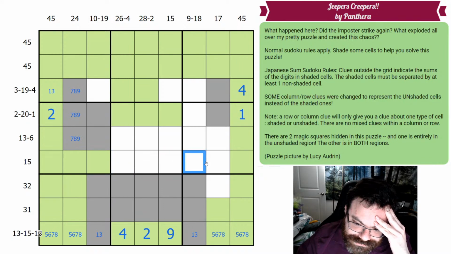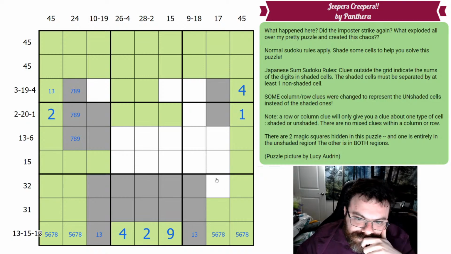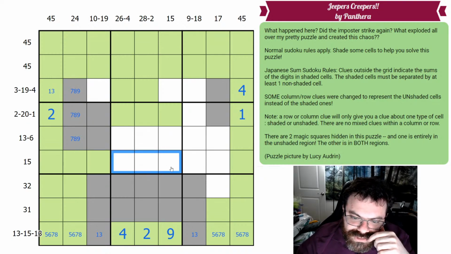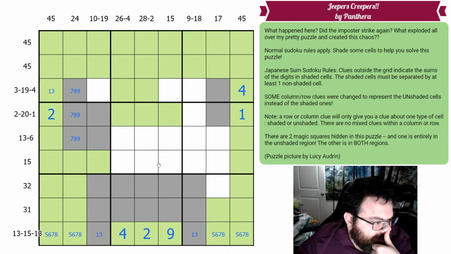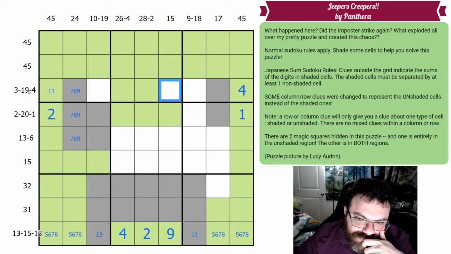See the creeper. This is 15. All pointing towards this being the magic square still. Row 3, column 6. Must be green, otherwise we'd have another number.